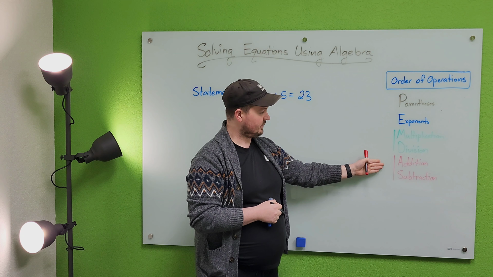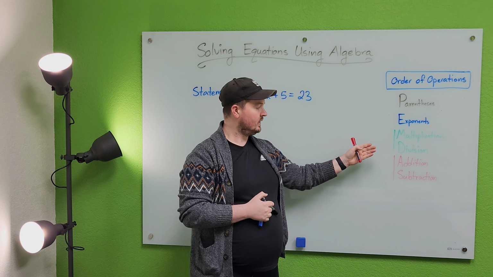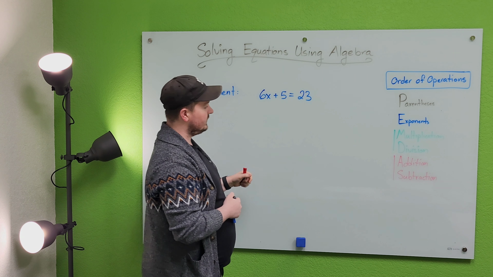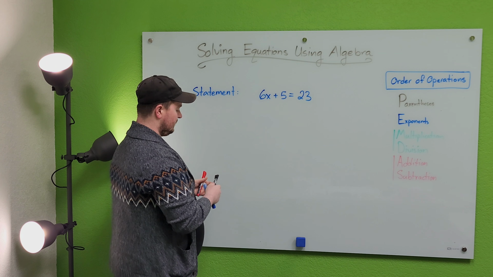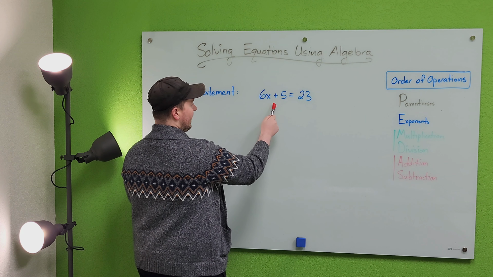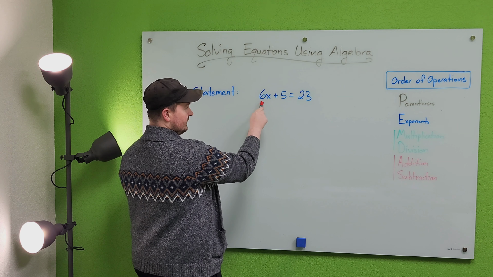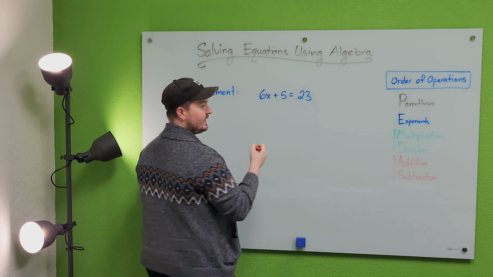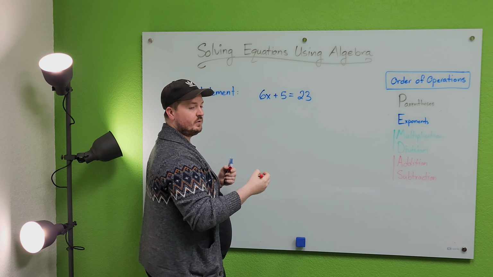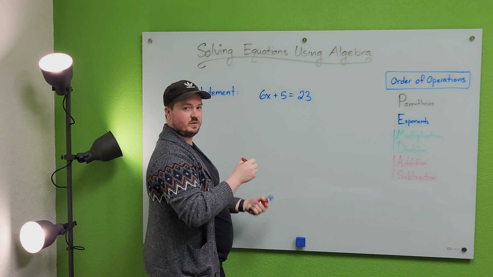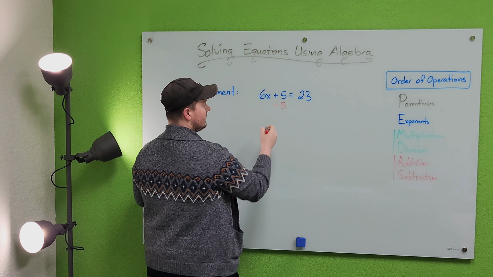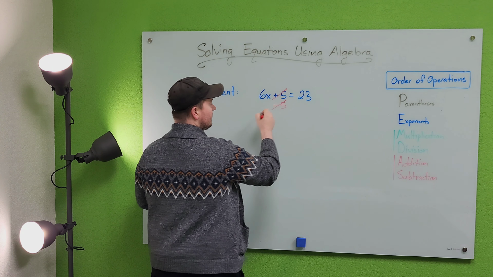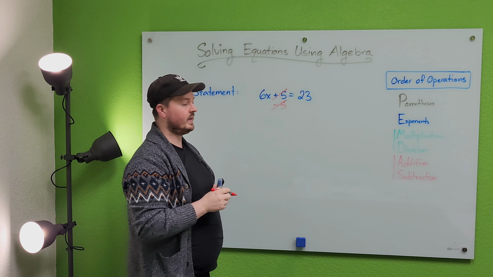So at the bottom of the order of operations, we ask, is there any addition or subtraction happening to x? So we see we're adding 5 to x, so we can get 5 to go away by doing the opposite of adding, which is subtracting. So we can subtract 5, and that makes both of those 5s go away.